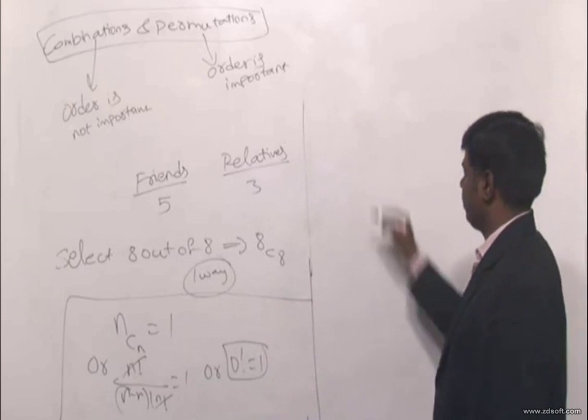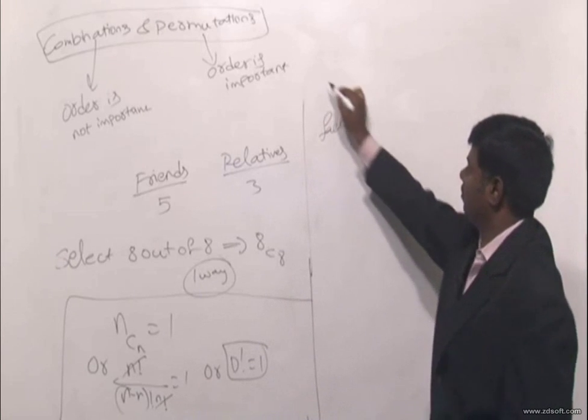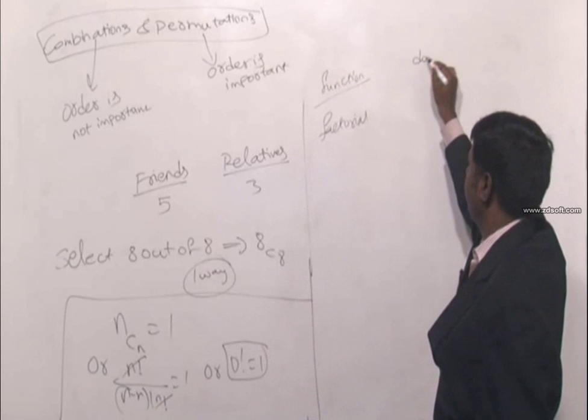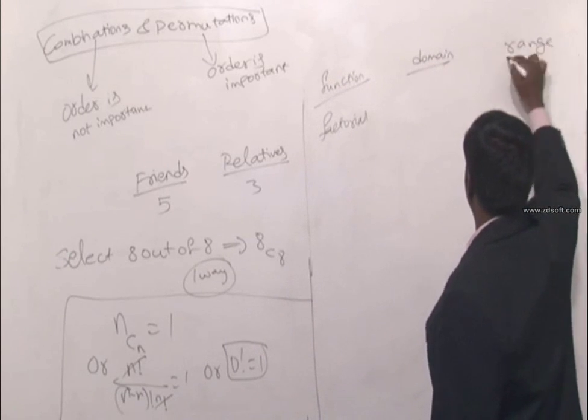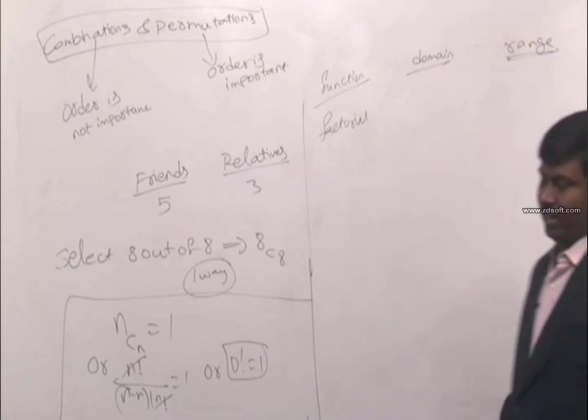By the way, if you consider factorial as a function, domain and range will be interesting to consider. What is the domain of a factorial?